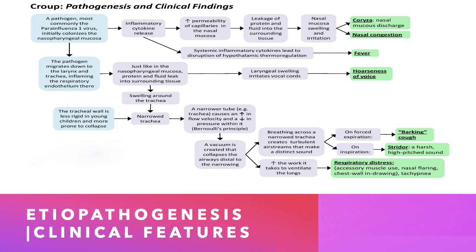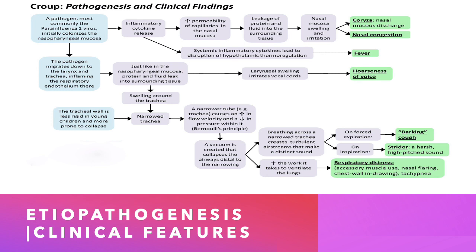So, on expiration, naturally there is an obstruction, so expiration will be forceful. On forced expiration you will get barking cough. So, what is the pathophysiology behind barking cough? Breathing across a narrow trachea creates a turbulent flow, and that turbulent flow on forced expiration causes barking cough.